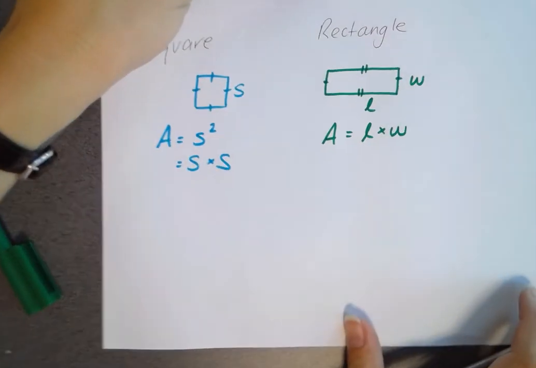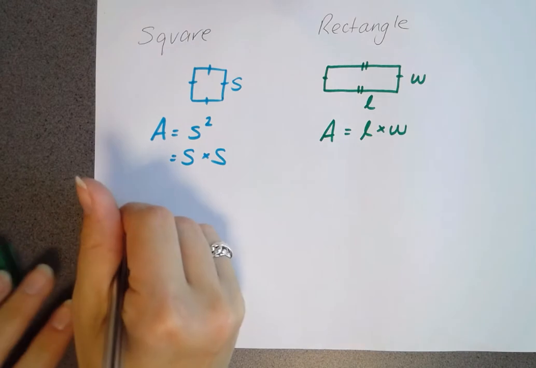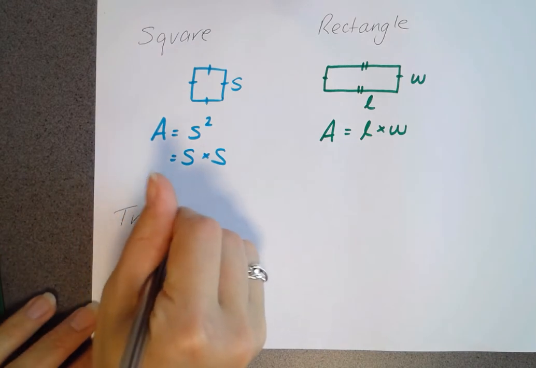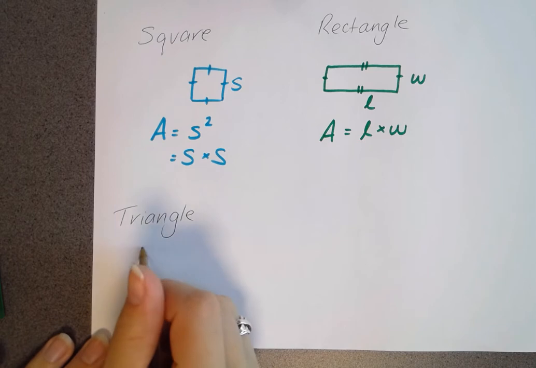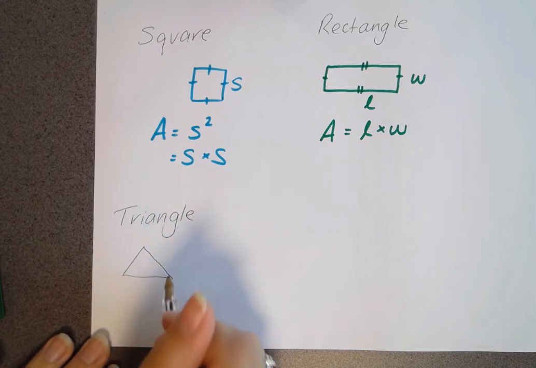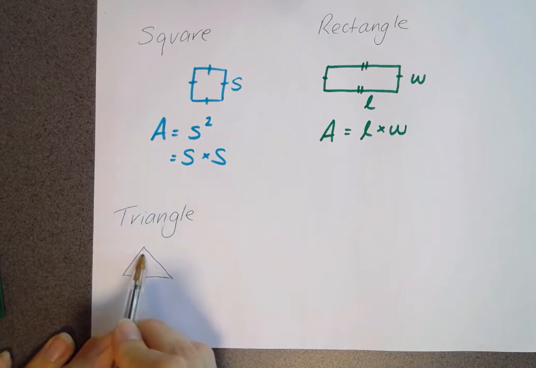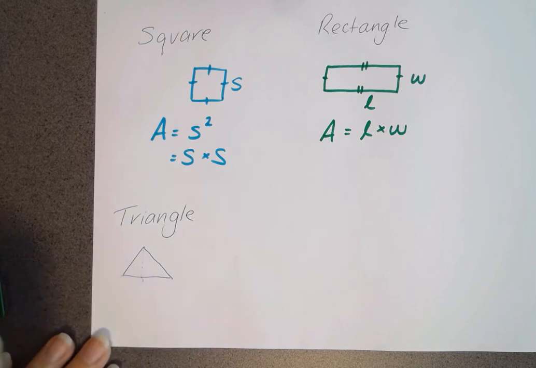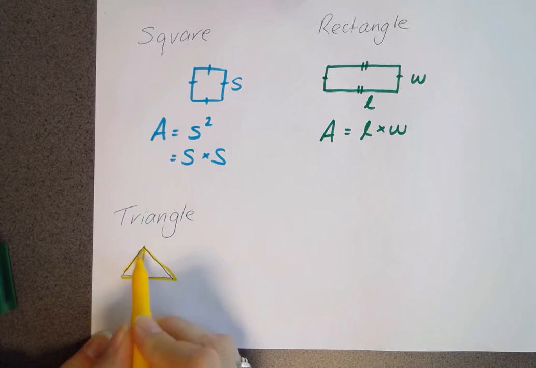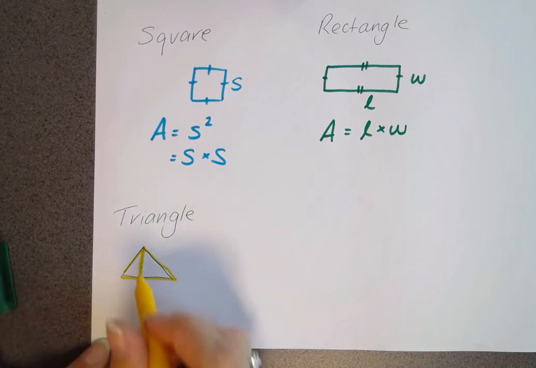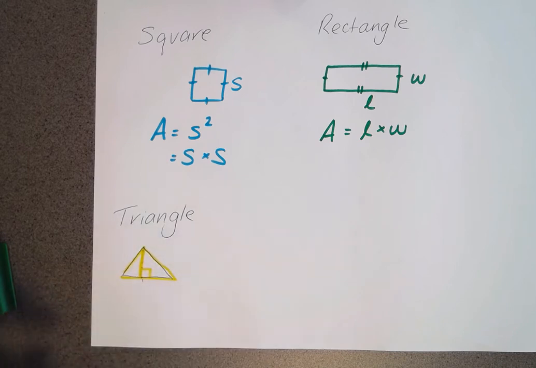Okay, let's go. Triangles are our next shape. Now triangles come in all shapes and sizes, but what I want you to remember is regardless of what the triangle looks like, the important thing we need to worry about is this here. So if we have our 3-sided shape, it is our perpendicular height, or the height that is at a right angle to the ground.